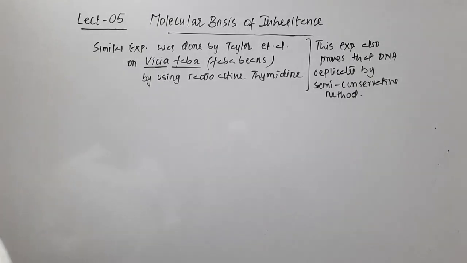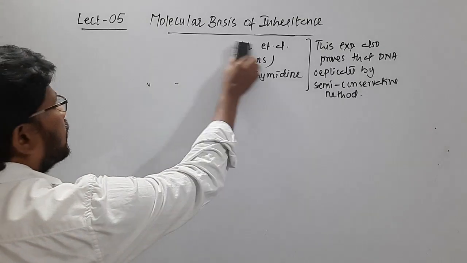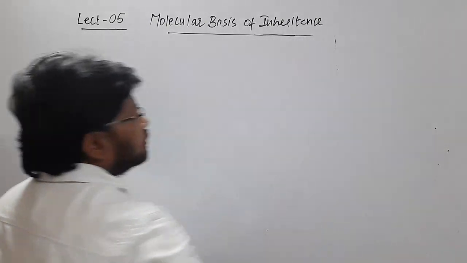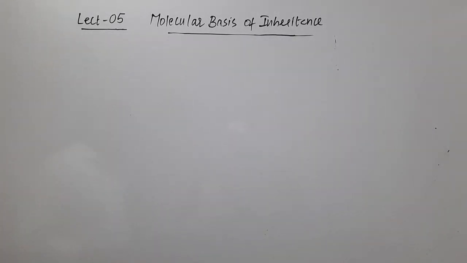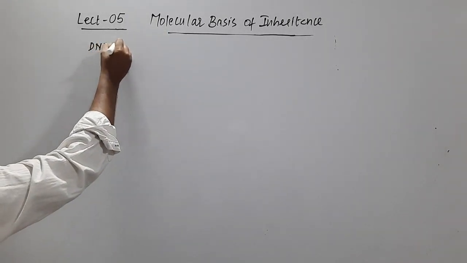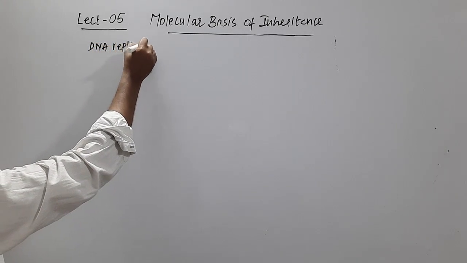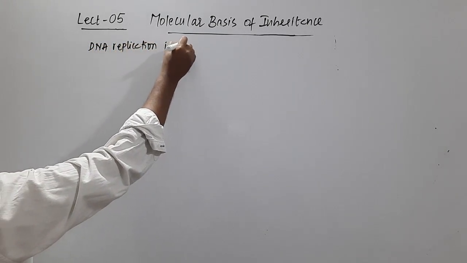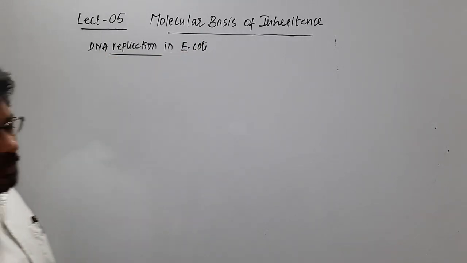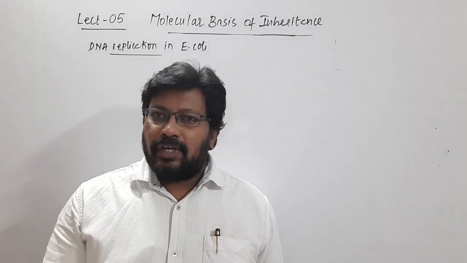Now let us move on to the actual process of replication. How this DNA replicates and forms its own copy, that I'm going to discuss through DNA replication in E. coli. Prokaryotes have a slightly complicated DNA replication.